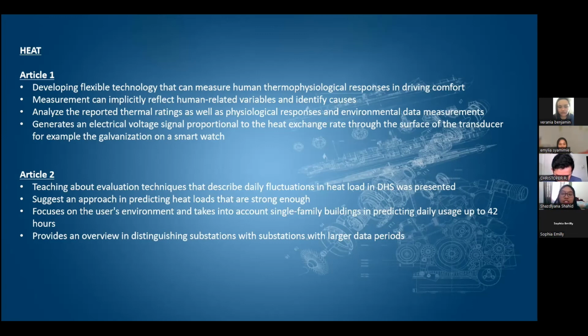Not only that, it can also focus on the user environment and take into account single family buildings in predicting daily usage up to 42 hours. In system aggregation, it can also provide an overview in differentiating substations with large data periods.